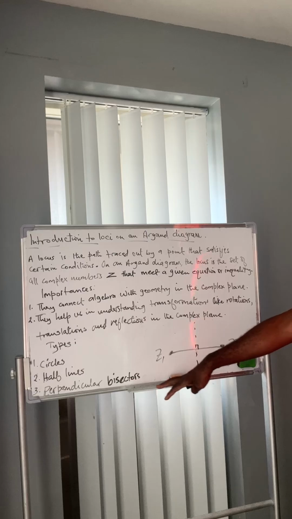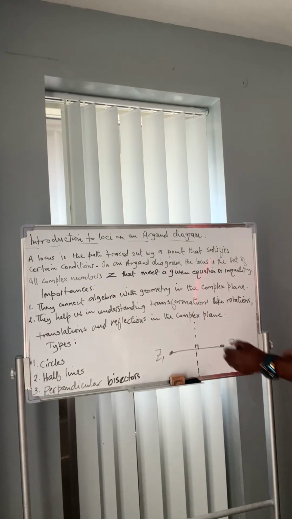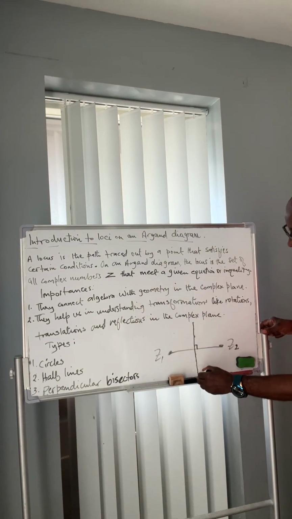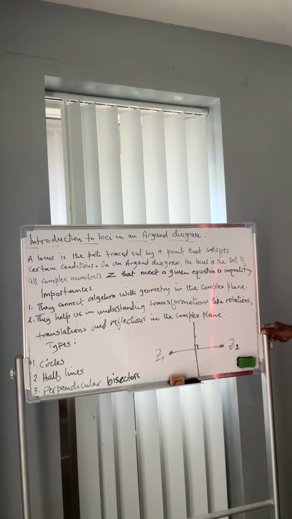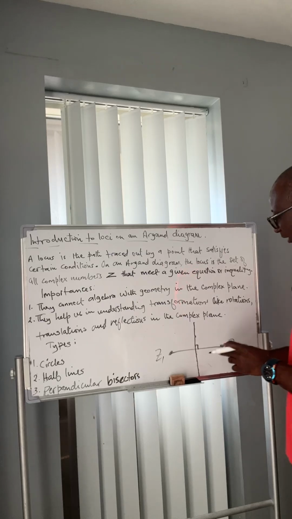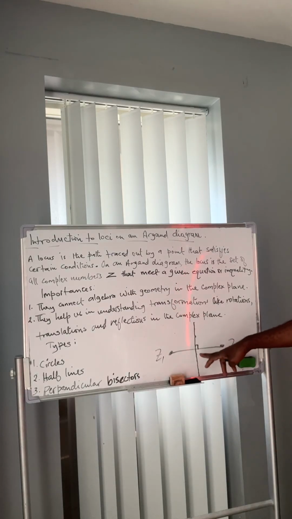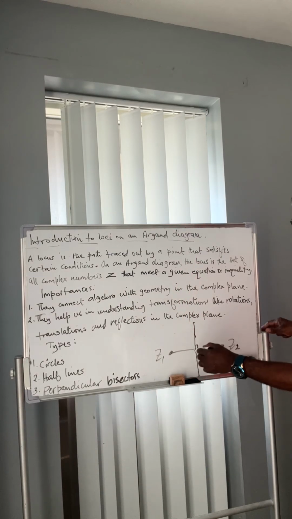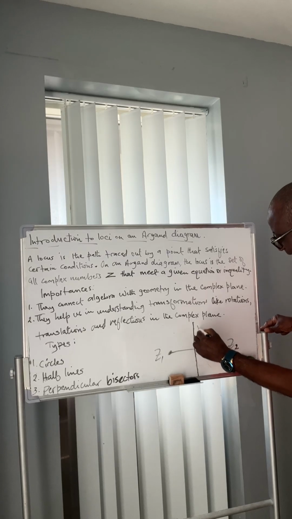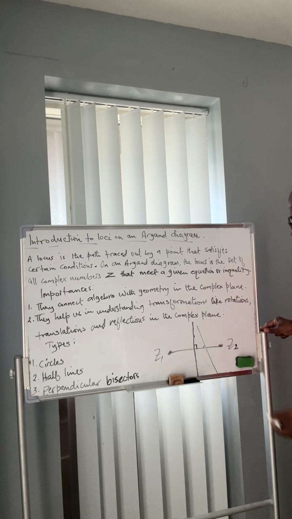So that's what we call perpendicular bisector, because this line here is bisecting these 2 points. And the one that satisfies the condition has to be the one that is perpendicular to these 2 points. If you have one that goes like this, you know it's at an angle.